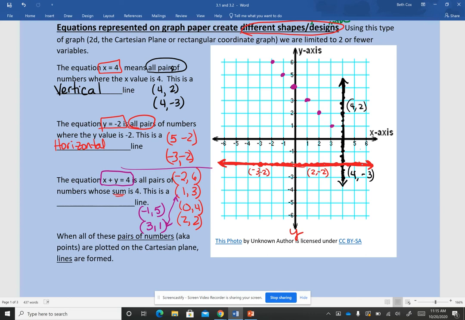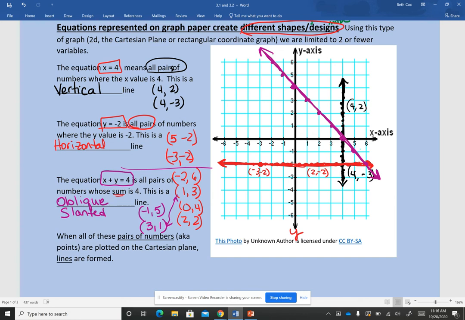But you see, I have all these pairs of numbers, and if I get all the ones in between them, and there's another one, and another one, all pairs of numbers that add up to 4, then I get a slanted line. Or the official word is oblique or slanted. I always say slanted. It makes more sense. But it is called oblique.